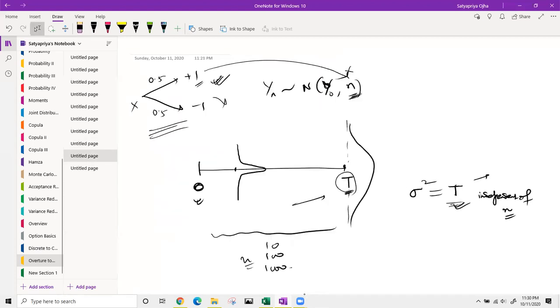By the way, this process is called a symmetric simple random walk. Simple, why? Because plus one, minus one. That's pretty standard. Symmetric, why? Because 0.5, 0.5, and your expectation overall is zero.